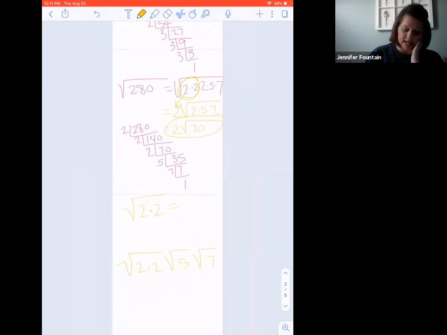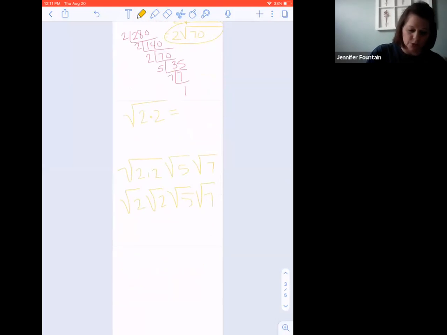Or actually, I could even break it as the square root of 2 times the square root of 2 times the square root of 5 times the square root of 7. If I put them all separately, and yellow is not showing up very well, let me change my color real quick.